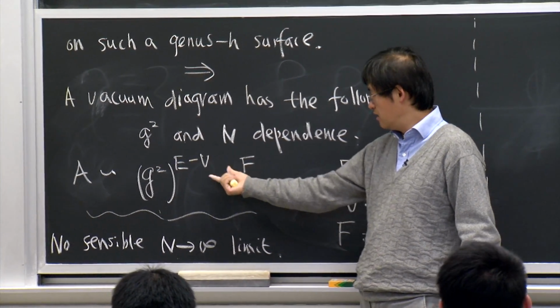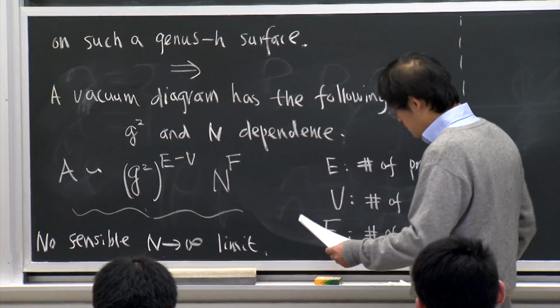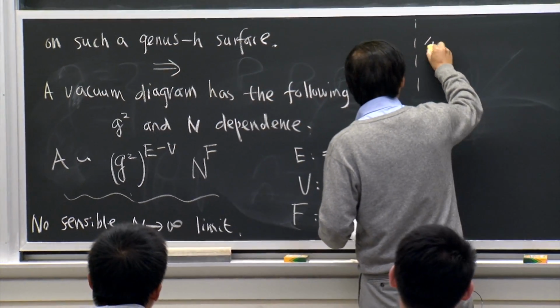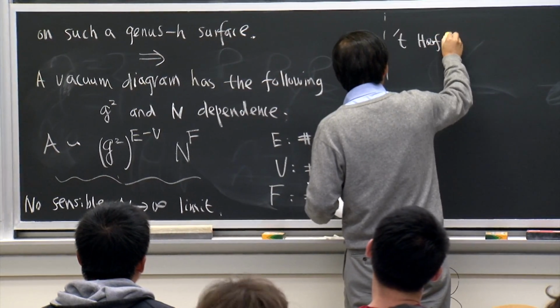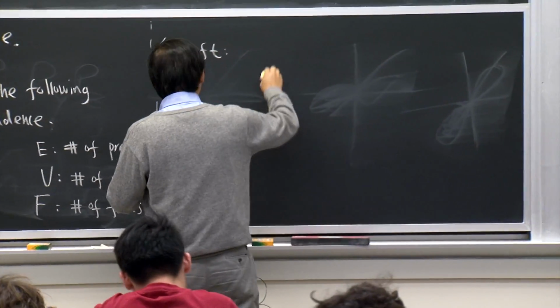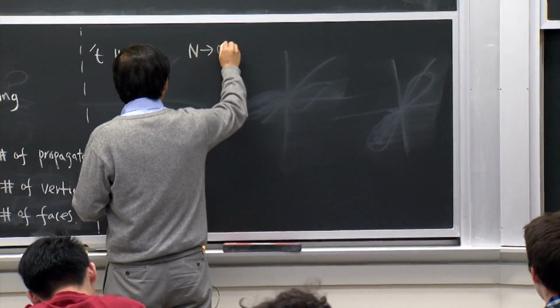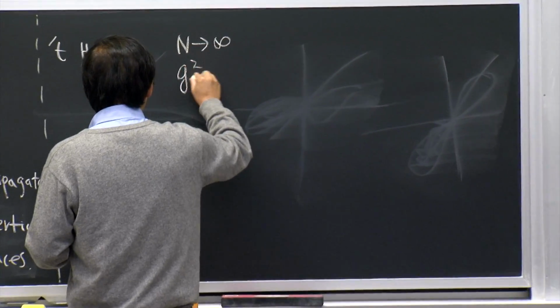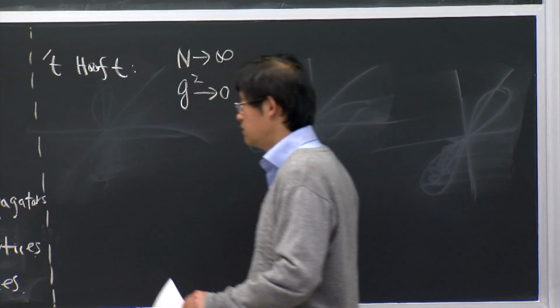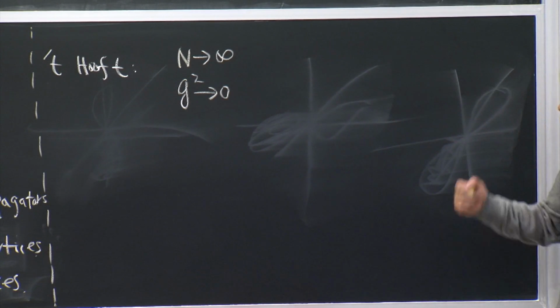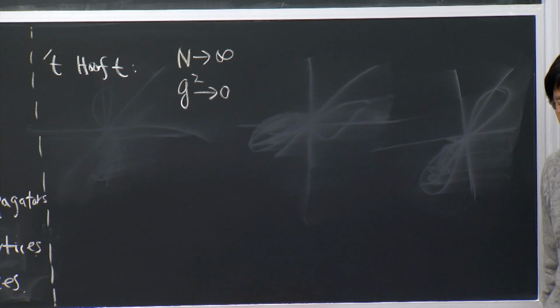If you have that, then this will blow up. But then 't Hooft came up with a different limit. He said, let me consider n goes to infinity, but at the same time consider g squared goes to 0.